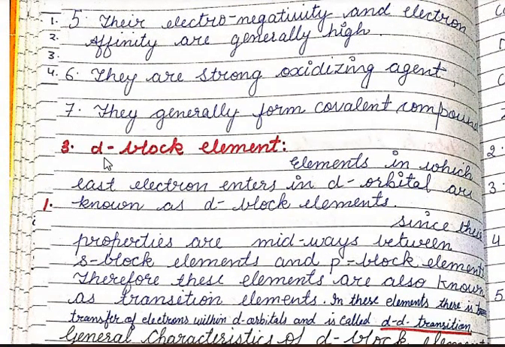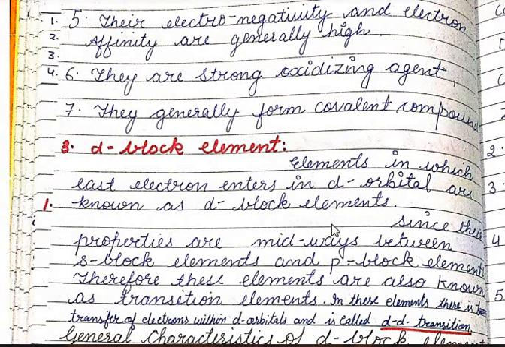Now, next we will discuss the d block elements. Elements in which the last electron enters the d orbital are known as d block elements.